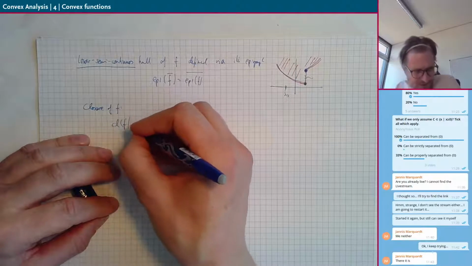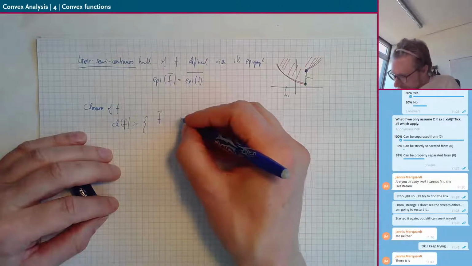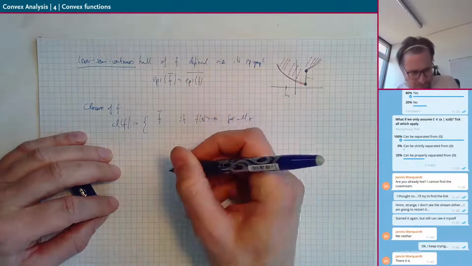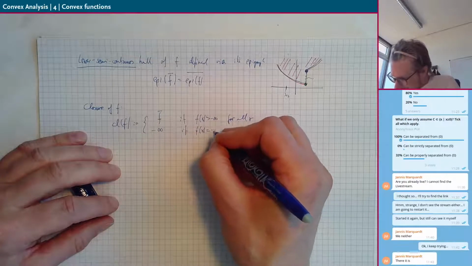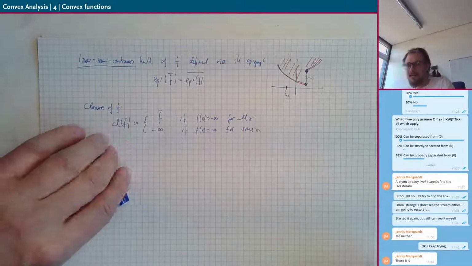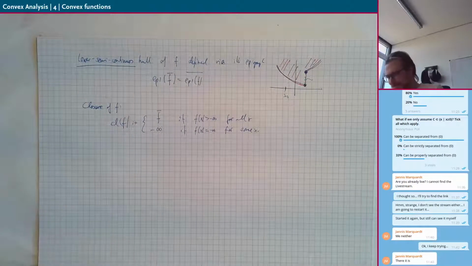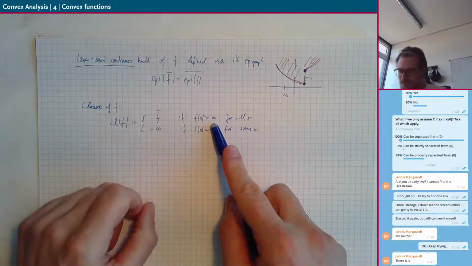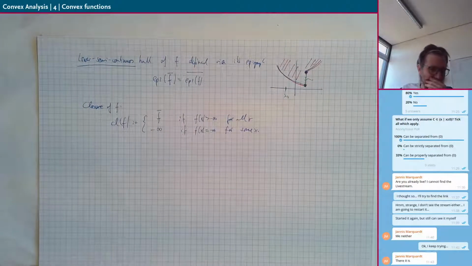The closure of f is defined as either the lower semi-continuous hull if f of x is larger than minus infinity for all x, or as minus infinity if the value is actually minus infinity for some x. So if we have the value minus infinity at some point, the closure shall always be the negative infinity constant function, and in case minus infinity is never assumed, we just take the lower semi-continuous hull. Okay.